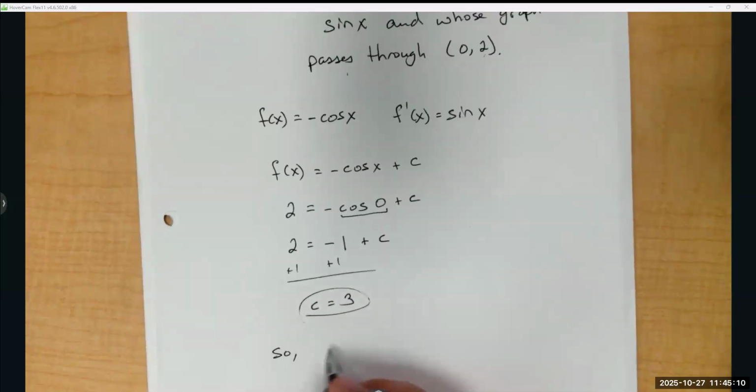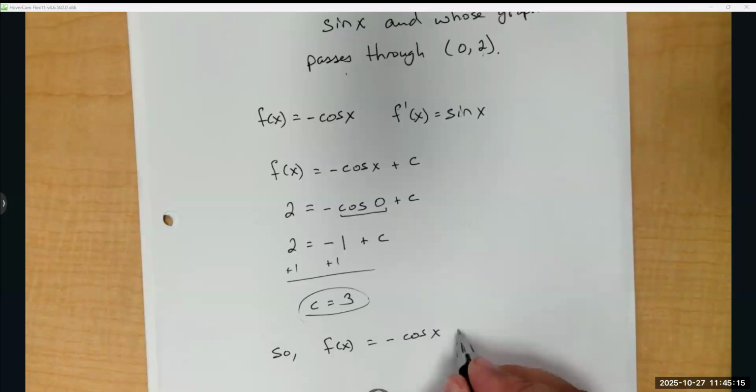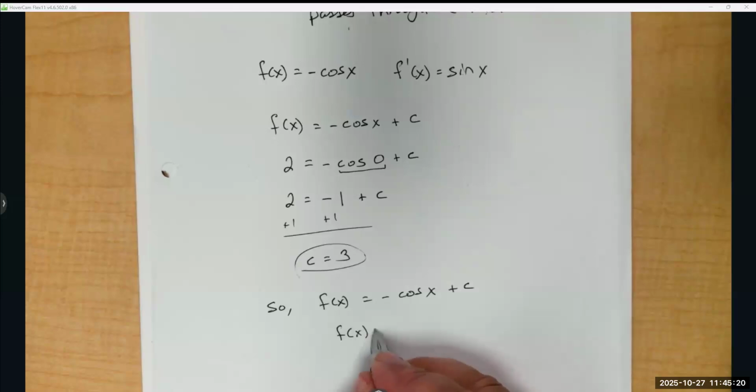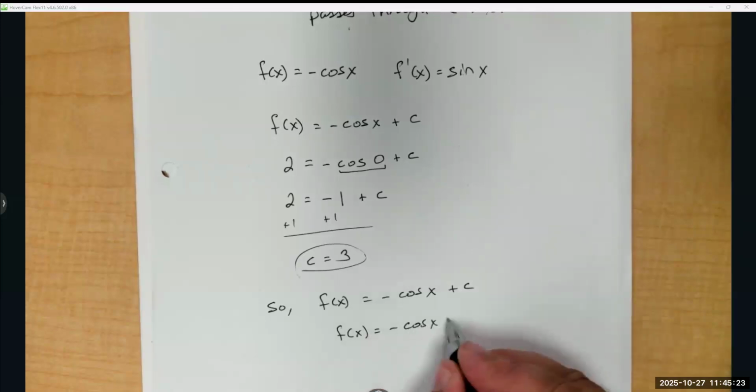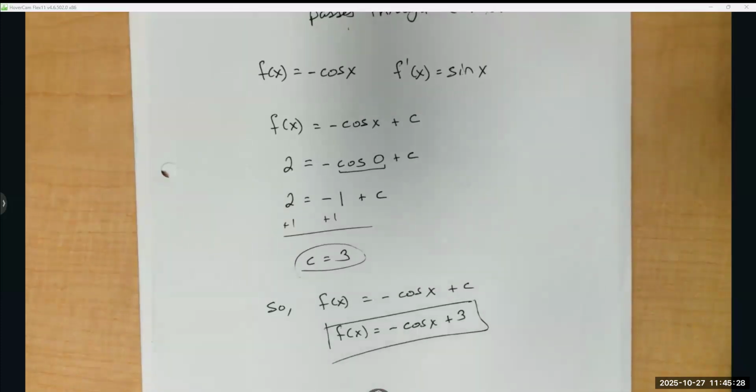So that tells me my function is negative cosine of x plus 3. That's the function I'm looking for with that specific information. Any questions so far? Everybody follow that?